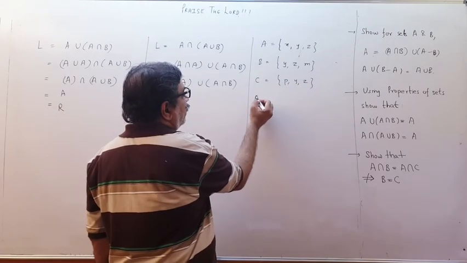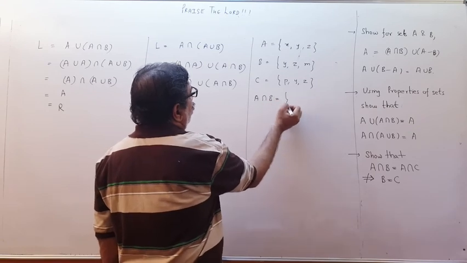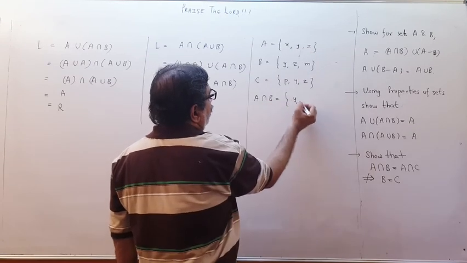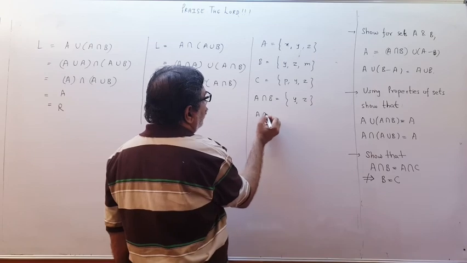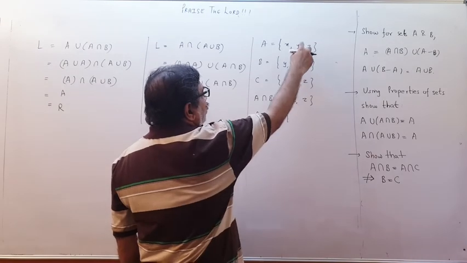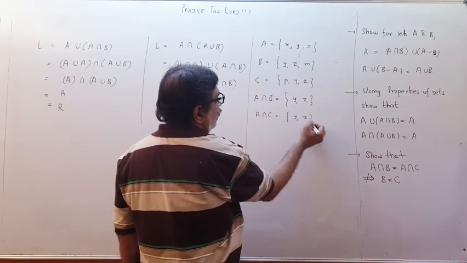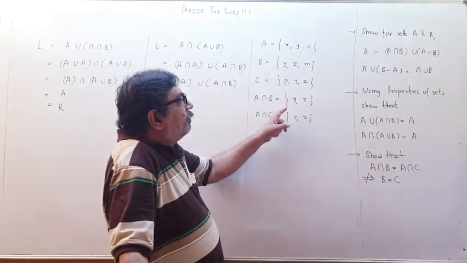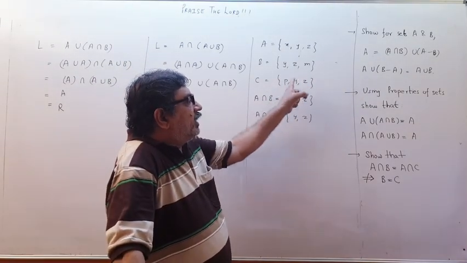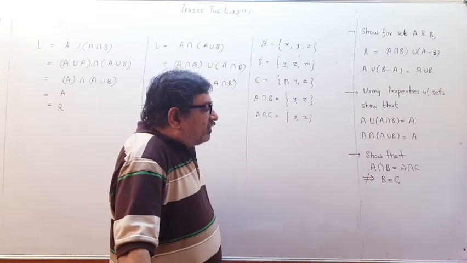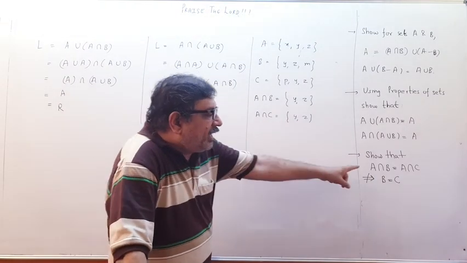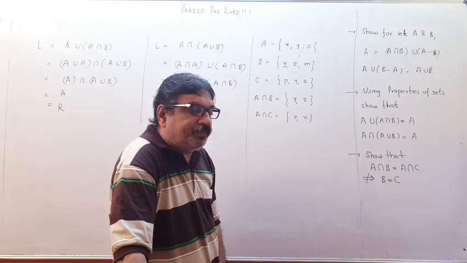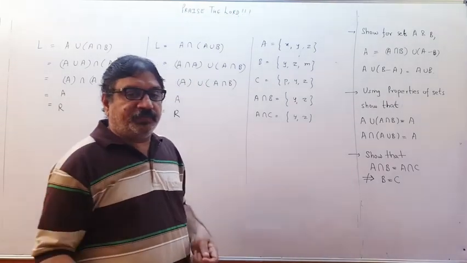What will be A intersection B? Which elements are common? Y and Z. What will be A intersection C? Which elements are common? Y and Z. So we can see A intersection B is same as A intersection C. But B and C are not same sets because here M and here P. So this example we proved that A intersection B can be equal to A intersection C. But that doesn't mean B equal to C.